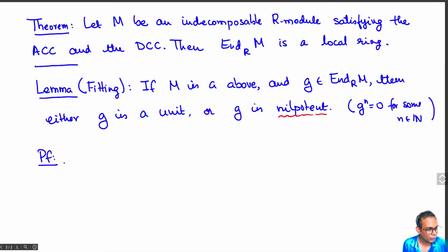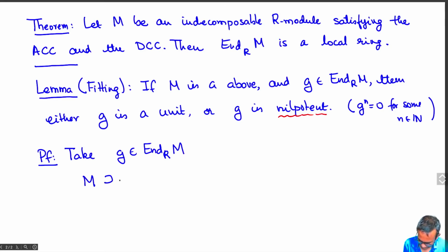And so what you do is you take any g in End(M), and you consider M. Well, it contains as a submodule the image of g on M, which in turn contains g squared M, and so on.